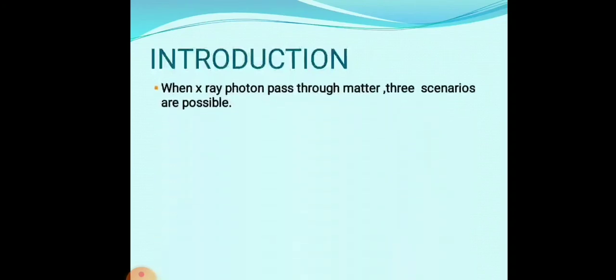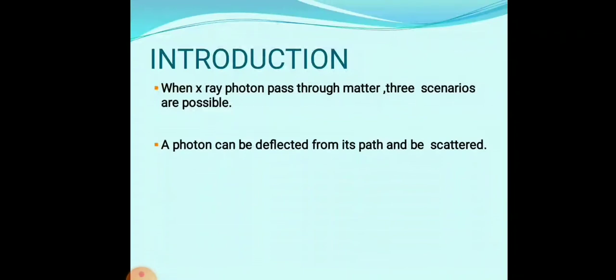Now the introduction. When X-ray photons pass through matter, three scenarios are possible. The first is that a photon can be deflected from its path and scattered.